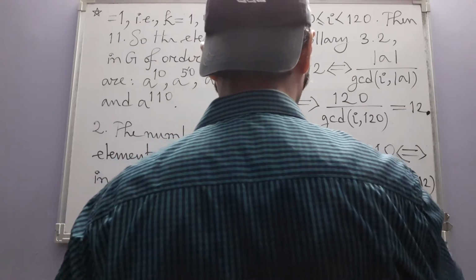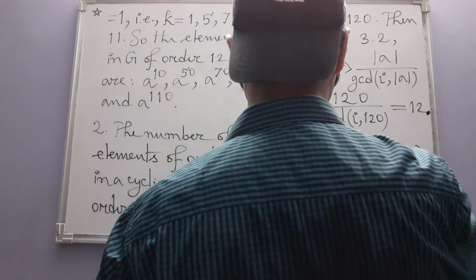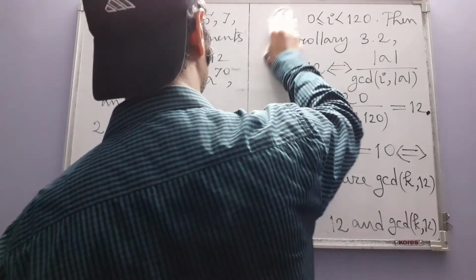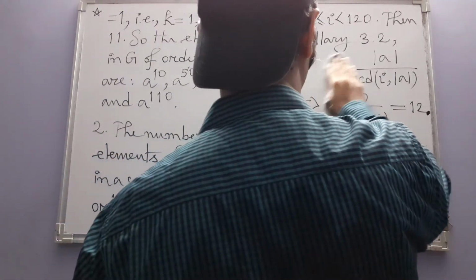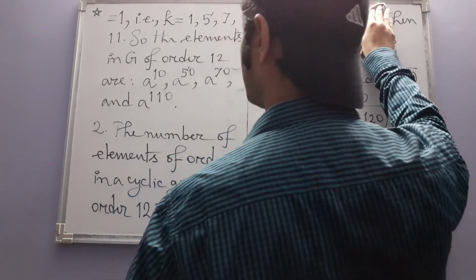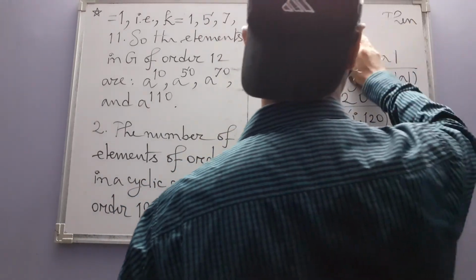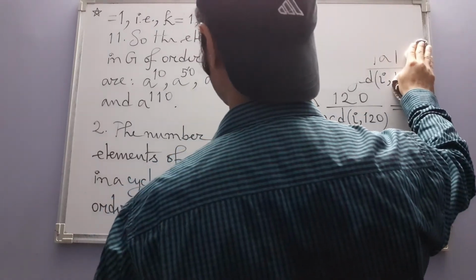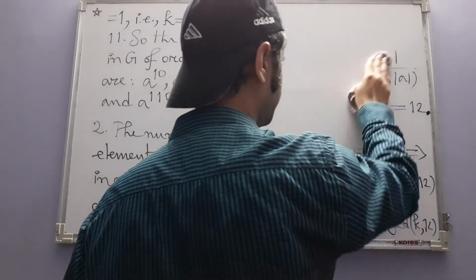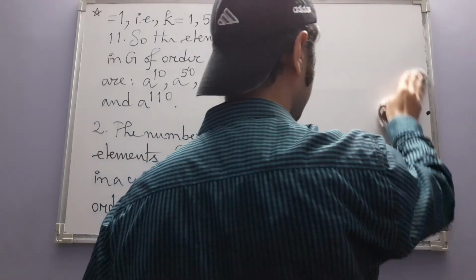What does this function calculate? It calculates the number of positive integers less than 12 and relatively prime to 12. And we have already seen above how many such integers there are: 4. In fact, these are the integers 1, 5, 7 and 11. So the answer is 4.